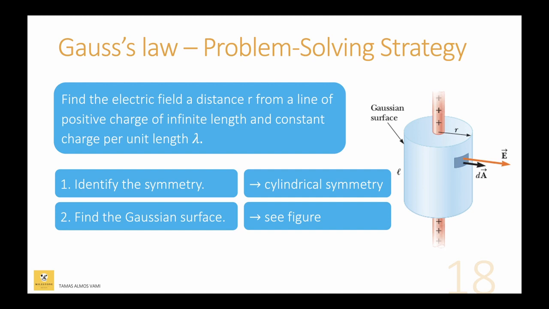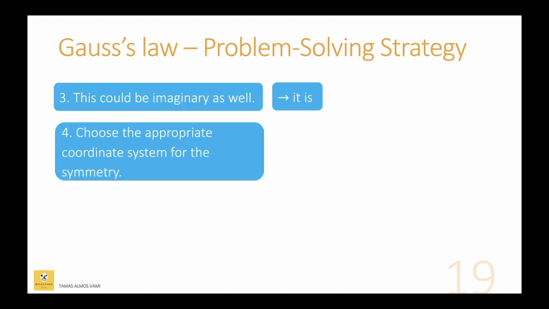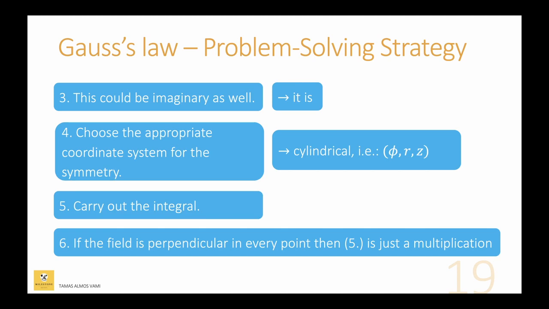So let's do this. We have this line of positive charges, and around it we have this imaginary cylindrical surface for the Gaussian surface. In this case, the area element vector will be perpendicular to the surface, so it's radial, which actually makes us happy because then the integral is simpler, right?